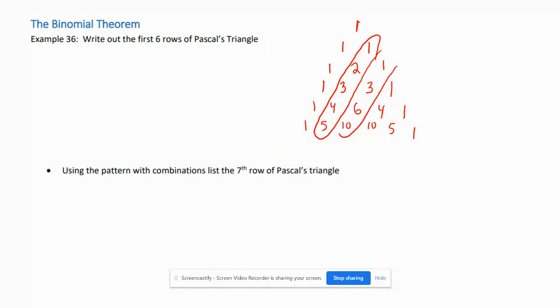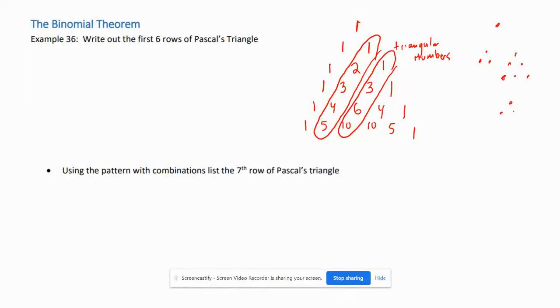These numbers over here are what we call the triangular numbers. They're called triangular numbers because if you draw a triangle, we'll start with 1. There's 1 dot. And then if I draw a triangle like this, that's 3 dots. And then if I keep adding, that would be 6 dots right there.